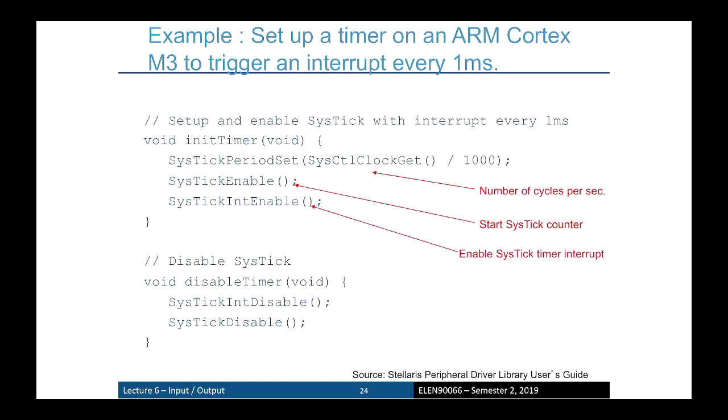This is a piece of code from ARM Cortex M3. And you are basically given a whole bunch of built-in functions as part of the IDE or stuff you get provided with when you buy a chip like this in order to do interrupts.